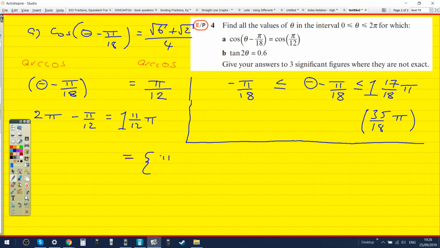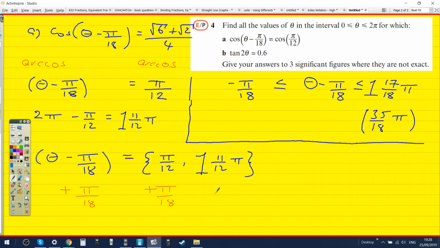Are those the answers? No, they're not. We then add pi over 18 to them? Yeah. So that's pi over 12 plus pi over 18, which is 5 over 36 pi. And 23 pi over 12 plus pi over 18.